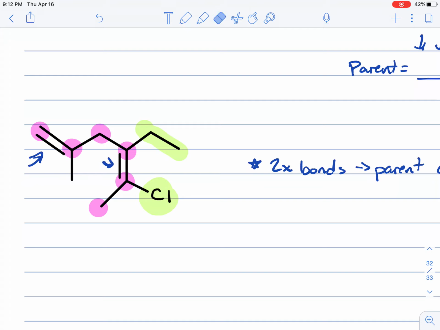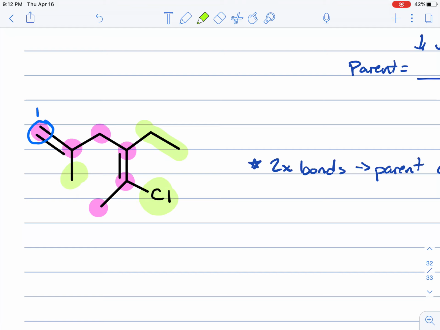So I'm going to start skipping some steps here. I need you guys to kind of see this visually. If I go from left to right, I already have carbon 1. Carbon 1 is where my double bond starts. So that lets me know I don't need to go the other way. This is the only way that's possible.